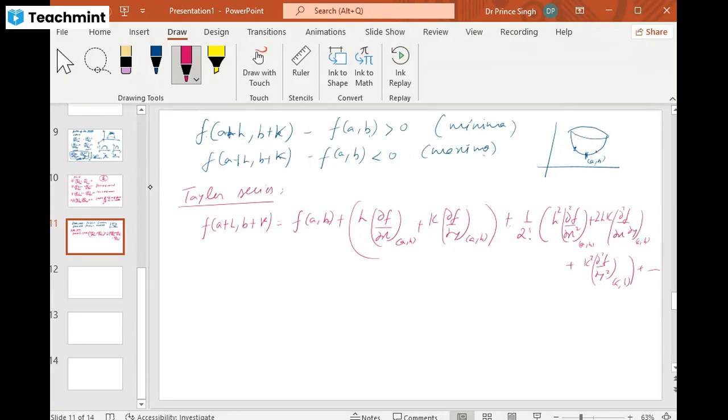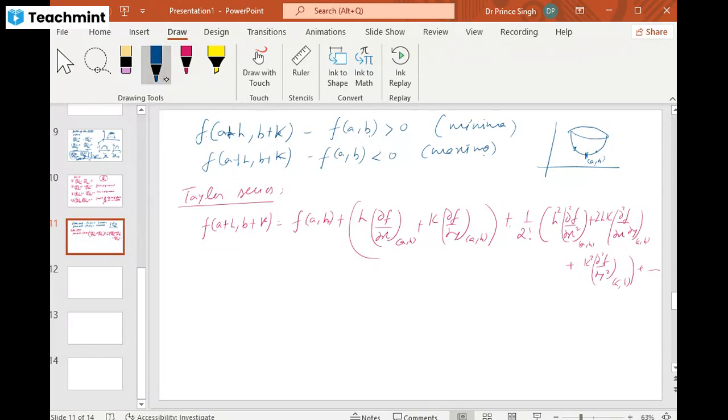So for the first order derivative we have 2 terms, for the second order derivative we have 3 terms, for the third order derivative we have 4 terms: third order with respect to x, 2 order with respect to x and 1 order with respect to y, then 2 order with respect to y and 1 order with respect to x, then third order with respect to y, and so on, right? So we'll simply try to see what is the nature of this difference.